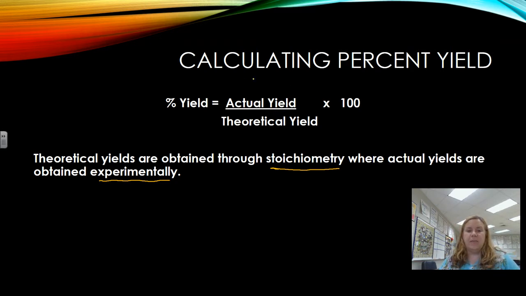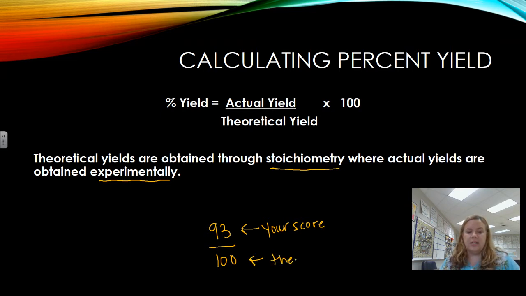Just like thinking about actual yield divided by theoretical yield, think about if you get a test back. Say you get a 93 out of 100. Your actual yield is the score that you received. In theory, in our class, you should have gotten 100, but you didn't, and a 93 is still great.